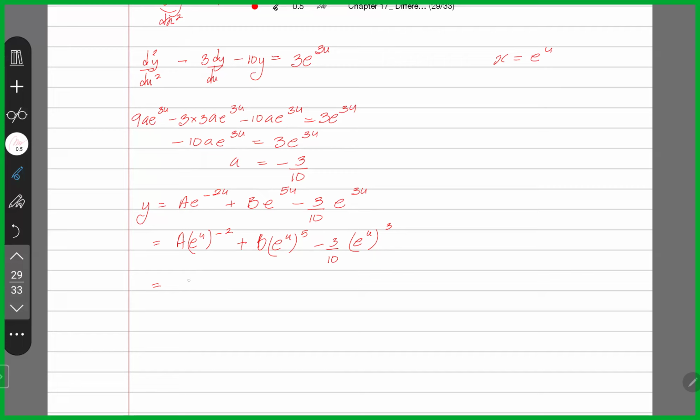So this is a x to the minus 2, which is the same as saying over x squared, plus b x to the 5th power minus 3/10 x to the 3rd power. So y is equal to a over x squared plus b x to the 5th minus 3/10 x to the 3rd is the solution of the differential equation.